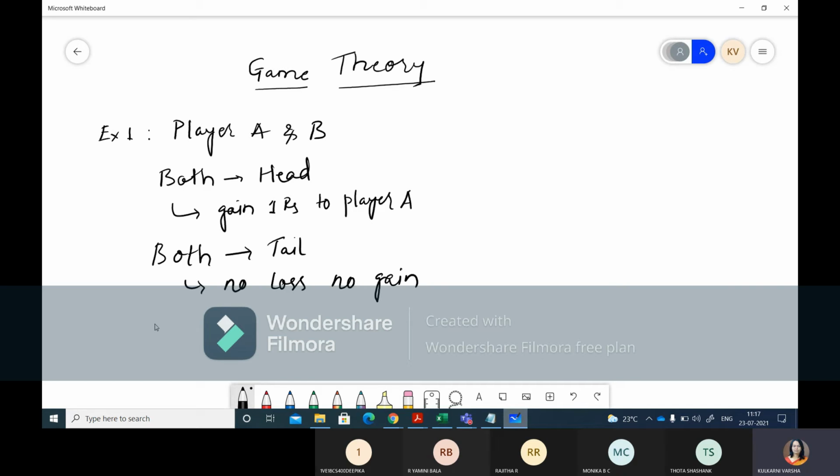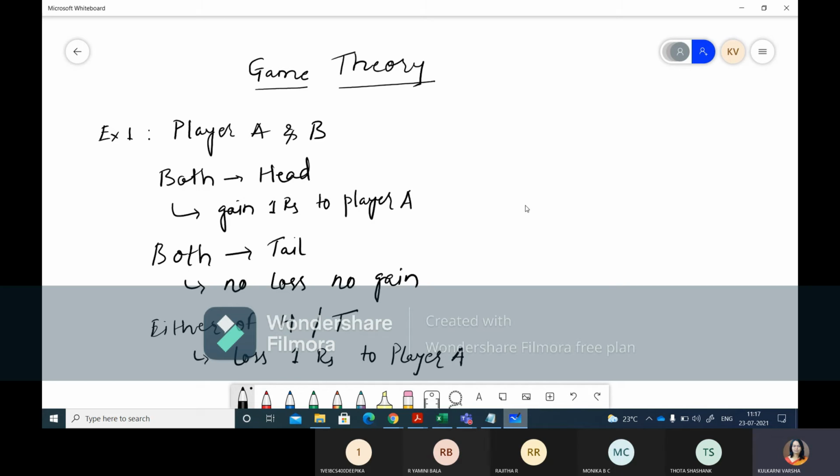So these are the three rules, and if either of them gets head or tail, then there is a loss of 1 rupee to player A. Okay, so everything in terms of player A they have given.